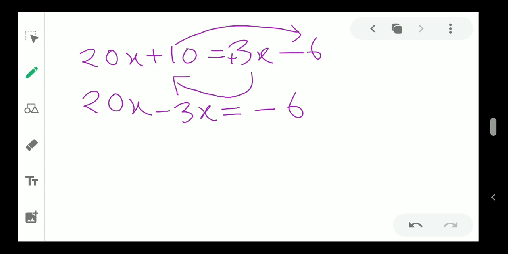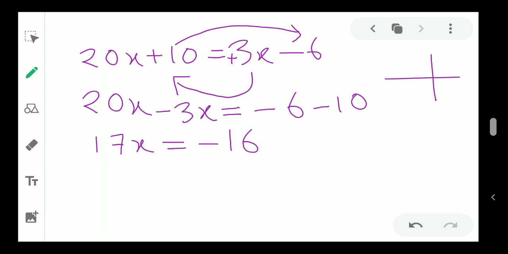If I bring plus 10 to the right hand side, it becomes minus 10. So 20x minus 3x means 17x equal to minus 16, because both are negative. That means from 0, going left 6 and then again 10 more, that comes to minus 16.